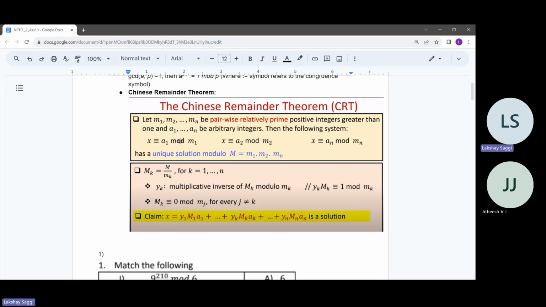So that's why the theorem states that this system has a unique solution modulo capital M. But in general, there are infinite solutions, because you can add any multiple of capital M, and that will also satisfy all of these equations. You can easily see this because capital M is divisible by all of these m1 till mn. So adding any multiple will not change these equalities.